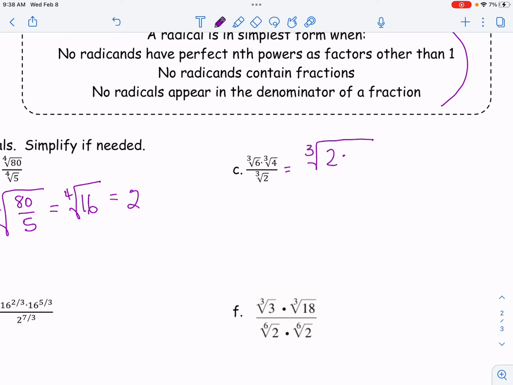This is 6 times 4. And I can also put 2 in there. So it's like that. Oops, this is supposed to be 6. Then I'm going to simplify 2 and 4. That leaves me with 2. So I have the cube root of 12. And I can't simplify that.